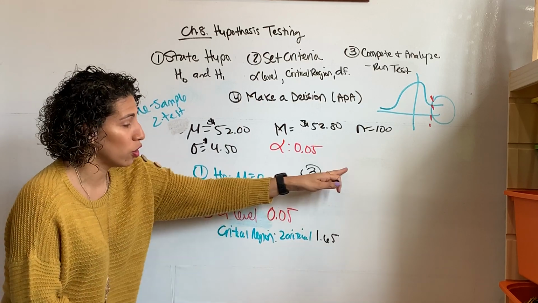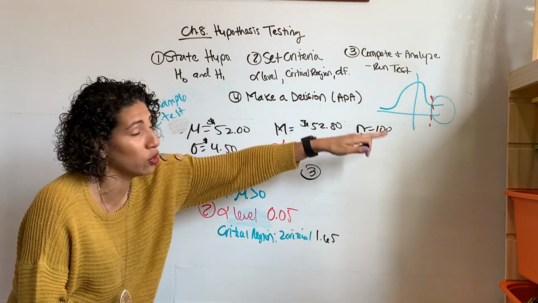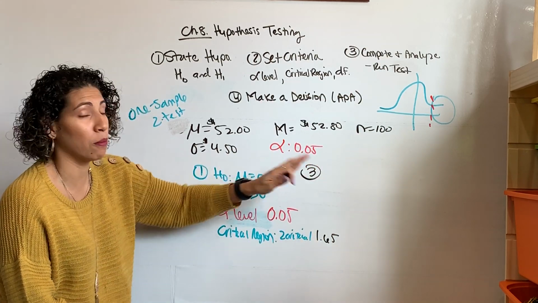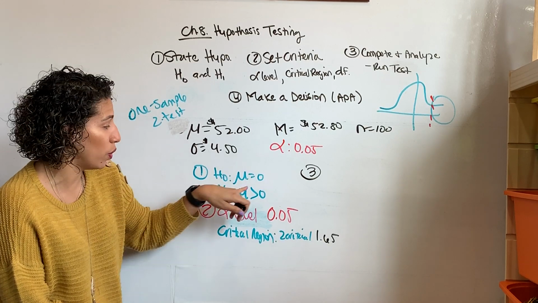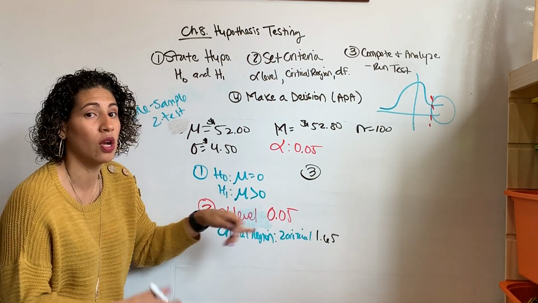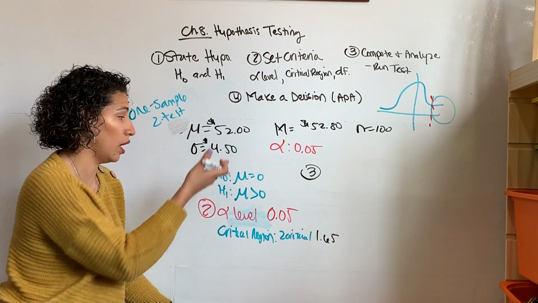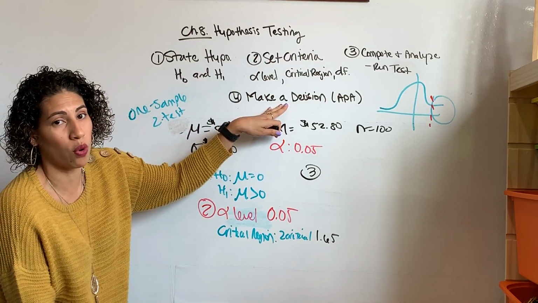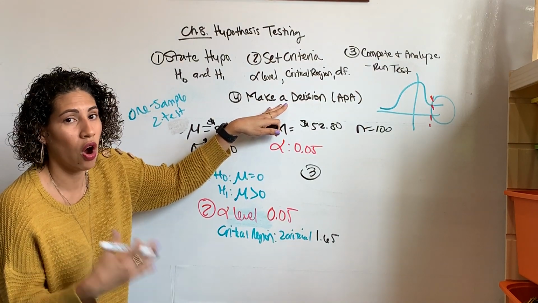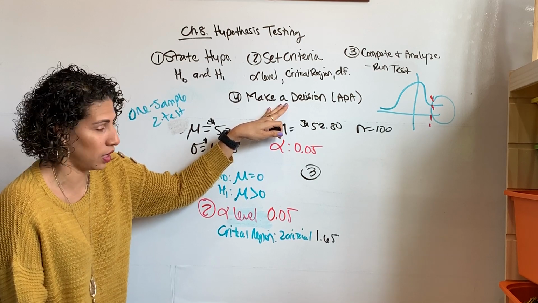Because you have to know, is that number bigger than 1.65, which will put you in a tail, or is that number smaller than 1.65, which will put you in a body, and then you can decide which of these hypotheses, the null or the alternative, you actually demonstrated. That allows you to go on to step 4, which is actually making a decision. Are you significantly different or not than the actual general population?